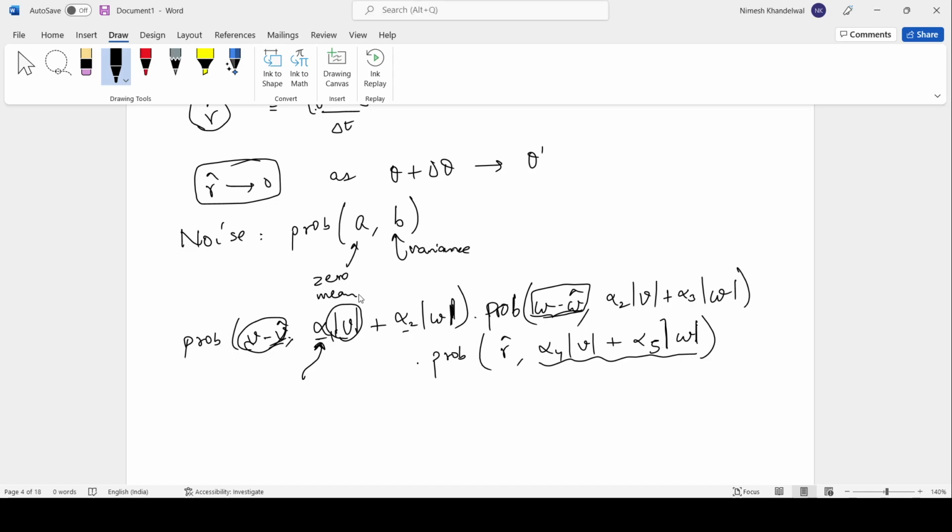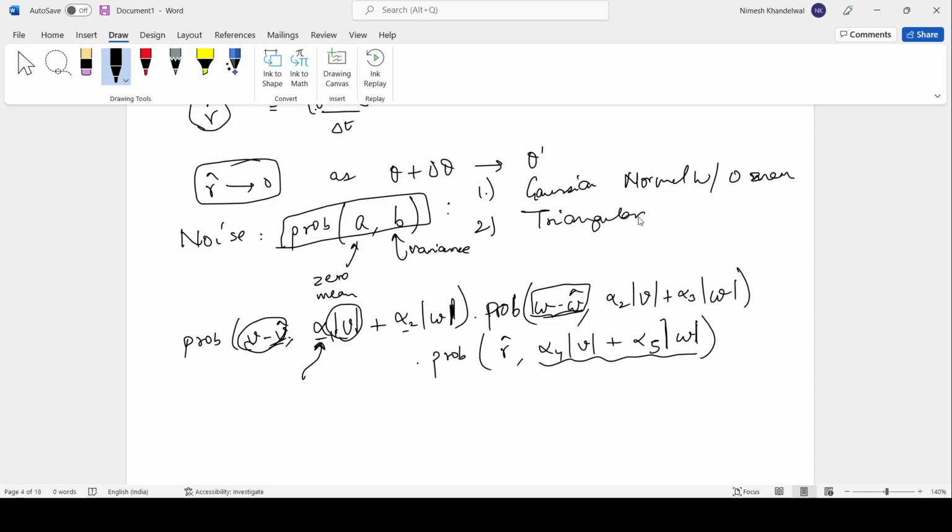And like these probability distributions, you can go and see in the lectures also. You can either take a Gaussian normal with zero mean, or you can take a triangular distribution.